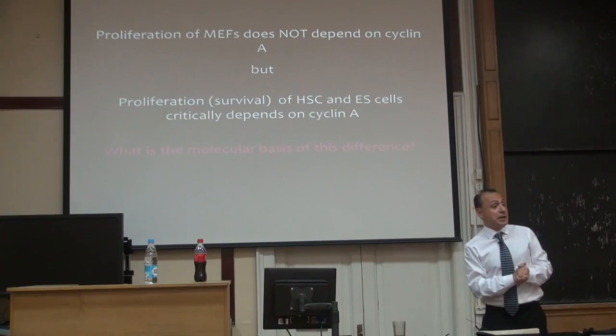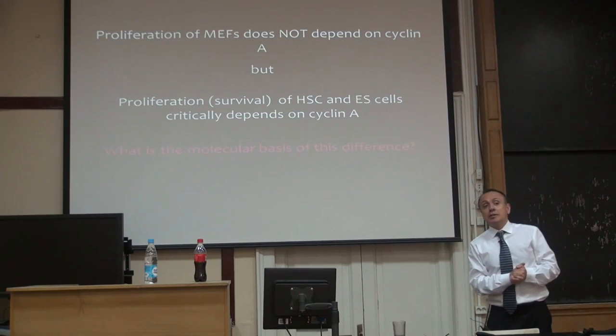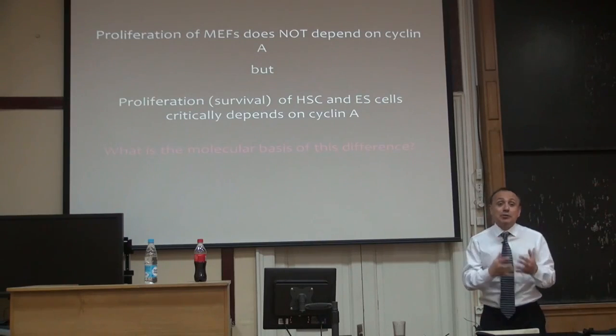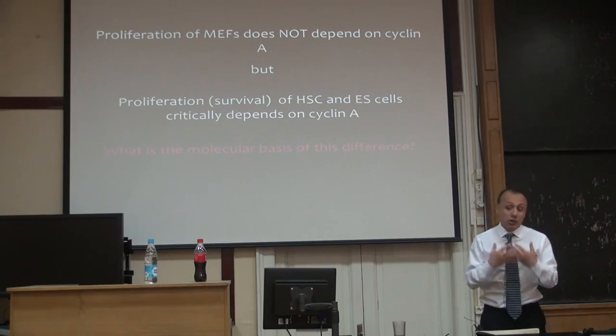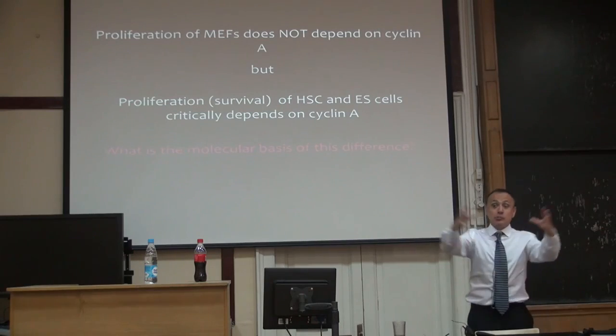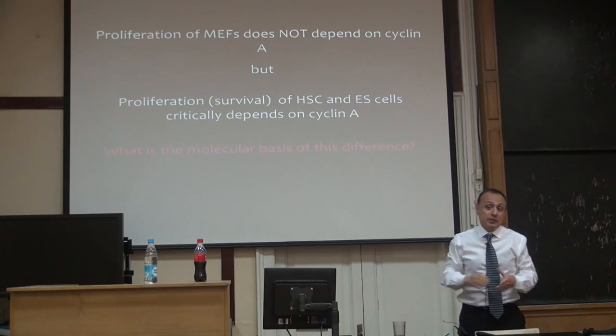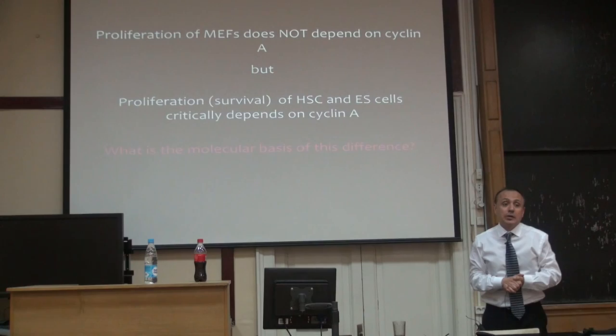In stem cells, on the other hand, it turns out that cyclin A plays an absolutely essential role, because if we knock out cyclin A, we could never see those colonies of embryonic stem cells, or never see the colonies of hematopoietic stem cells.